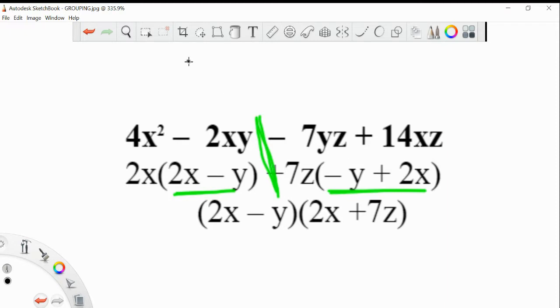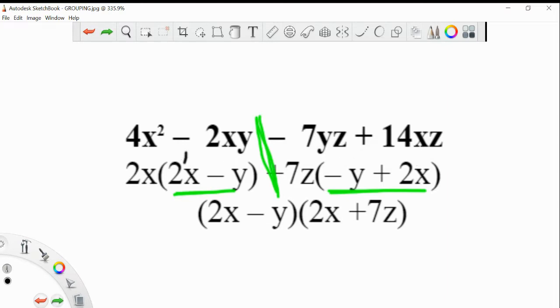This is like if you had 3 minus 1 and you had minus 1 plus 3. Are these the same thing? Yeah. So these are exactly the same signs. A positive 2x, a positive 2x, a negative y, a negative y.